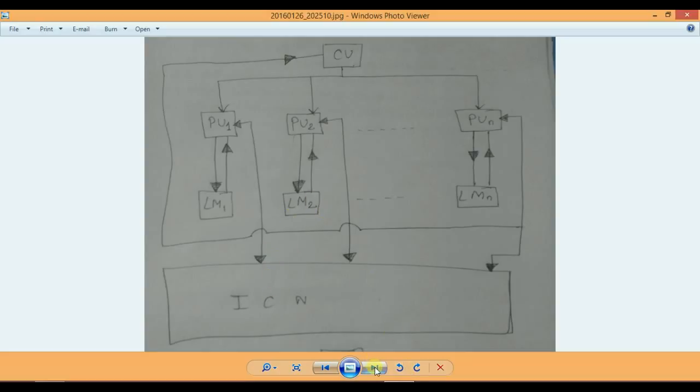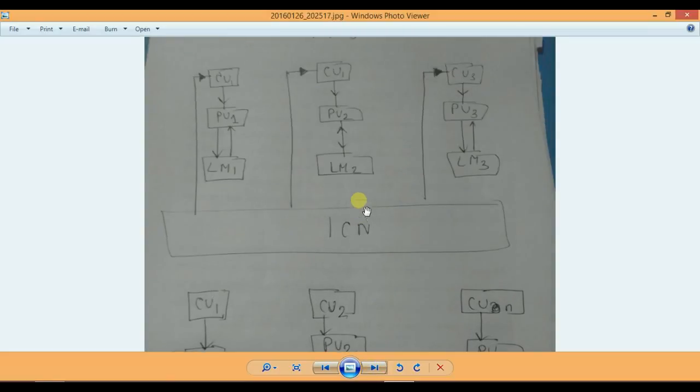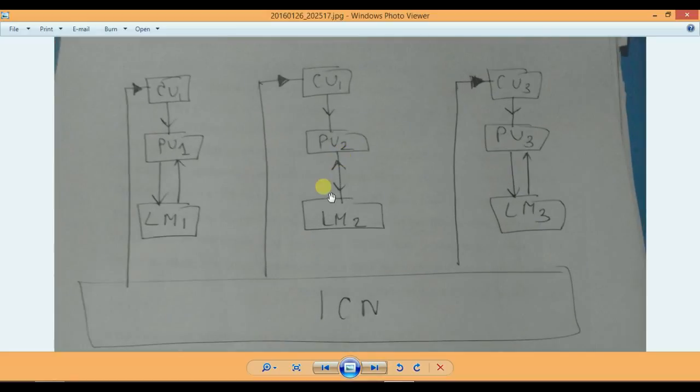This is the SIMD system, and for the MIMD system, multiple CU and multiple processors, there is also the concept of local memory and global memory. In the case of local memory, the structure is the same, from CU to processor and from processor to local memory, and it's bidirectional. That's what I've discussed in lesson 1.